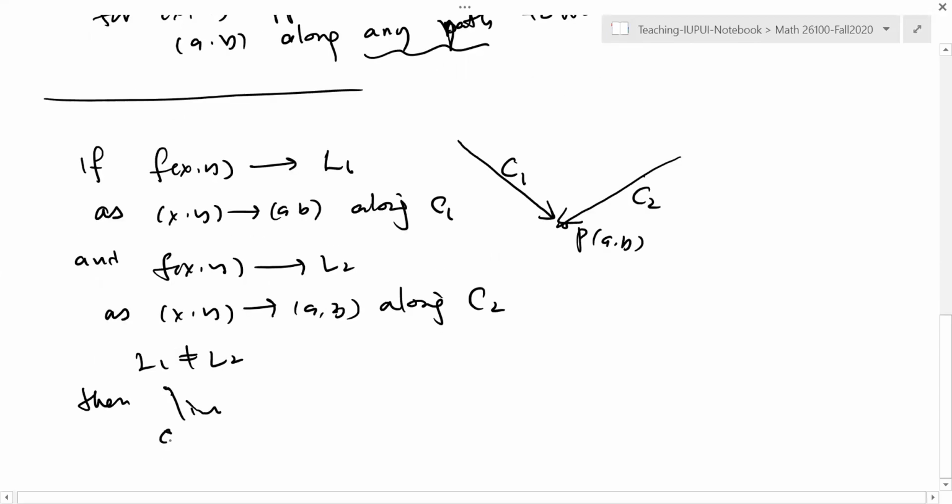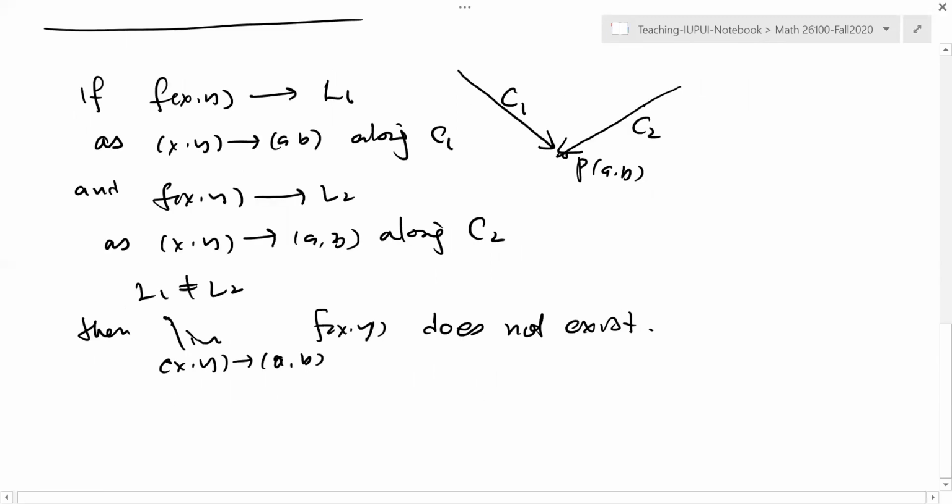Because the limit exists only if along any path it approaches the same number. Otherwise the limit does not exist, okay?